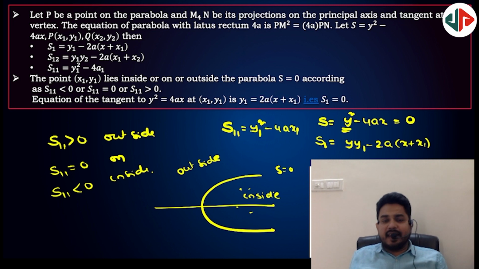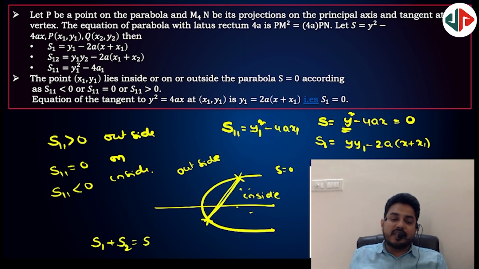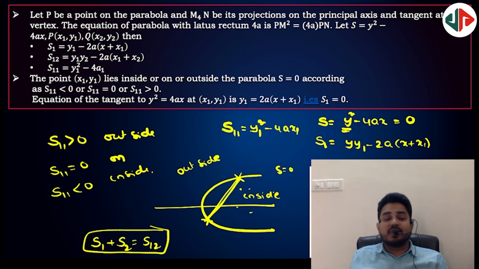Okay, next, if this is x1, y1 and x2, y2, the chord joining them you can write as S1 plus S2 is equal to S12. This is the chord joining x1, y1 and x2, y2. See, this holds good for parabola, ellipse, hyperbola, even for circle the same condition.